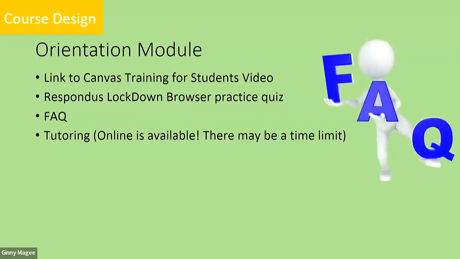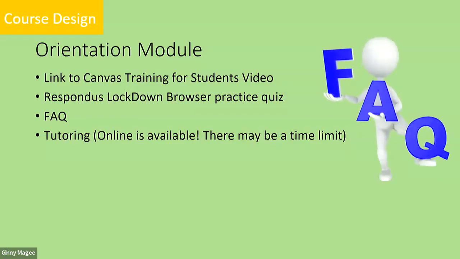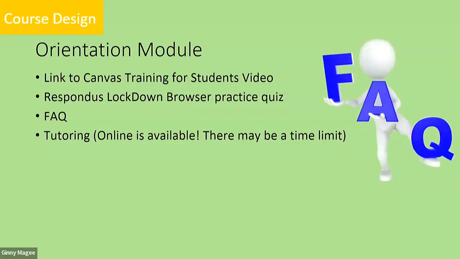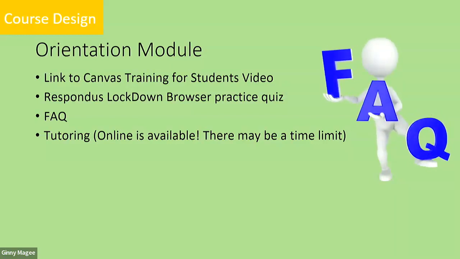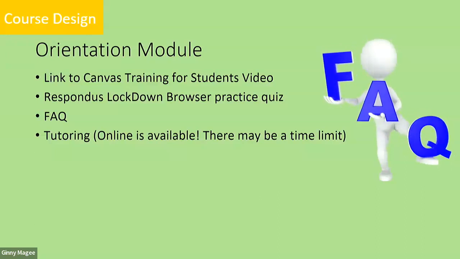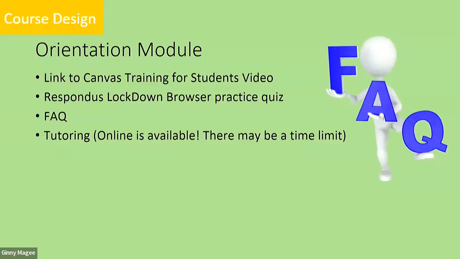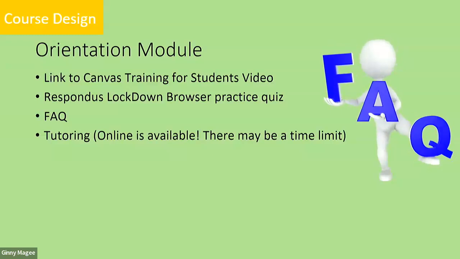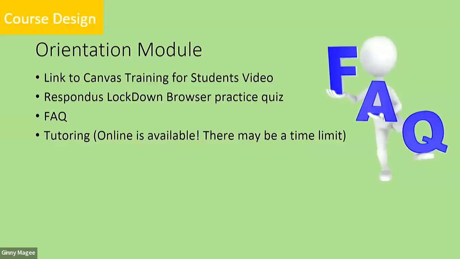And then just to mention tutoring. In Canvas now, in every course, there is a tutoring link on the left-hand side, and students can schedule in-person tutoring as well as online tutoring. We use Thinking Storm now, and they have online tutors that students can sign up for.